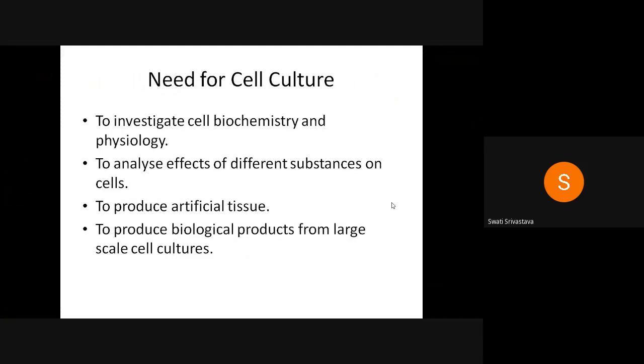Now, if you want to investigate these things in vivo, that is within the living system, you have to maintain a good pool of animals, or if you are trying to investigate the system in human beings, then you have to have human subjects available for this investigation.